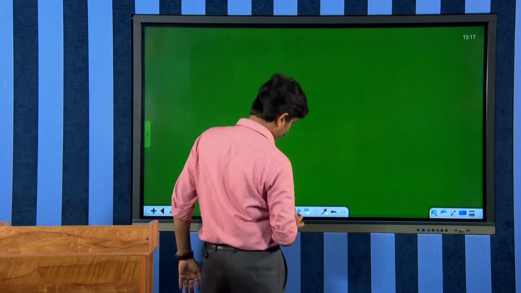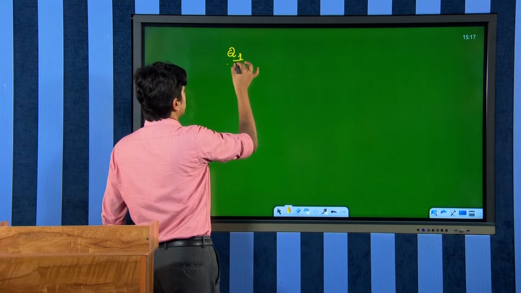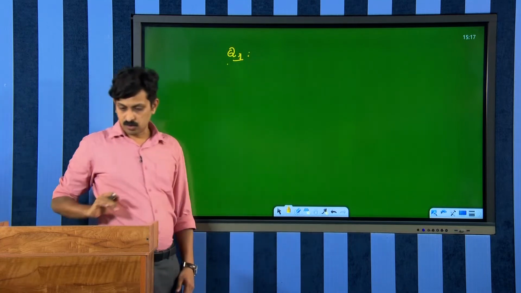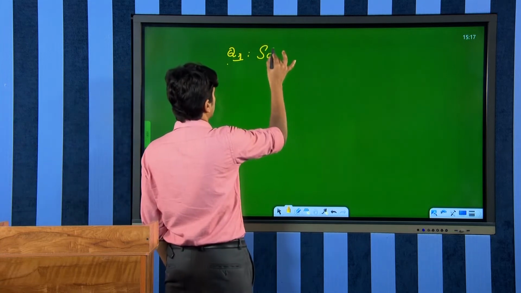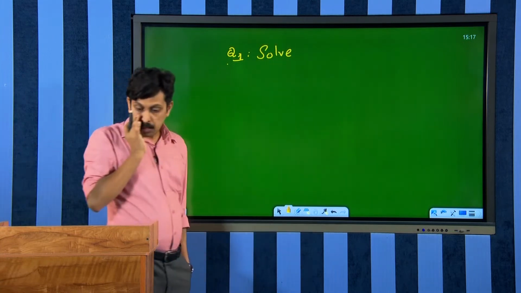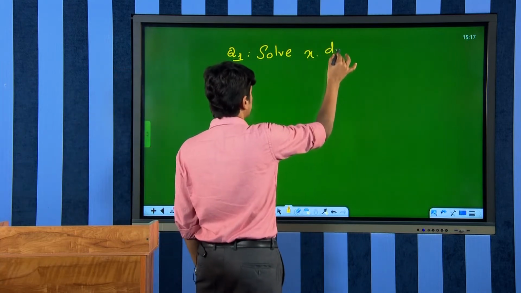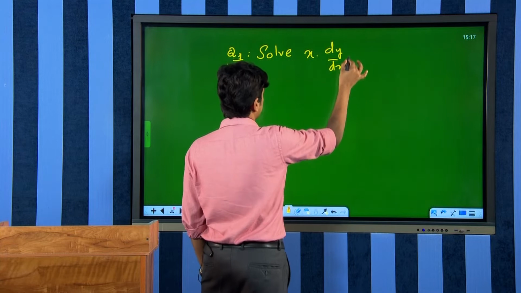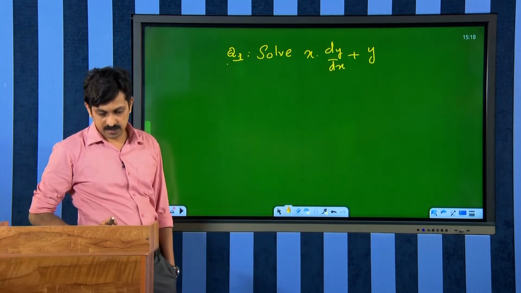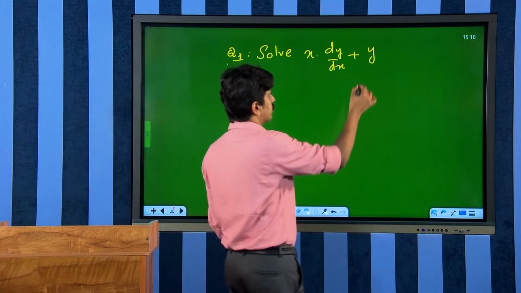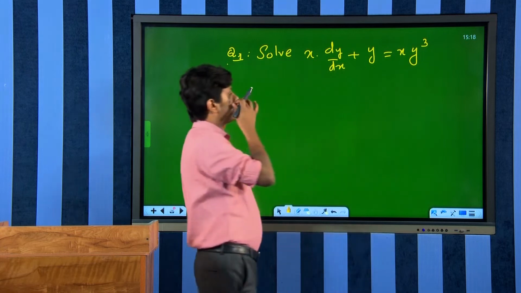Now, we can just move to the question. Solve x into dy by dx plus y is equal to x y cube. Okay.